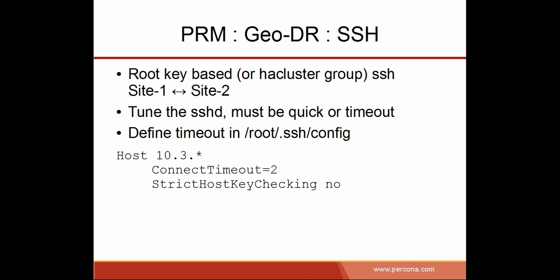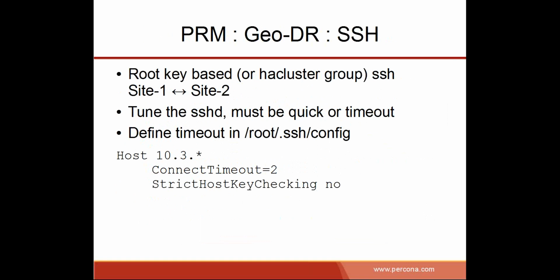You must tune the SSH daemon configuration so that it is quick, or it has to time out. So make sure that the ciphers are well aligned. There have been long-standing issues between Ubuntu and CentOS Red Hat, where the cipher order was not the same, and it could take many iterations to finally agree on a cipher.